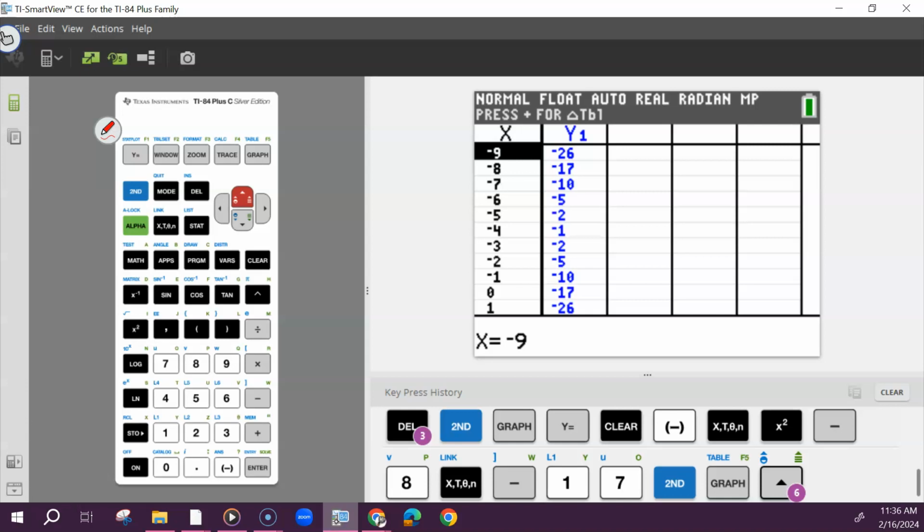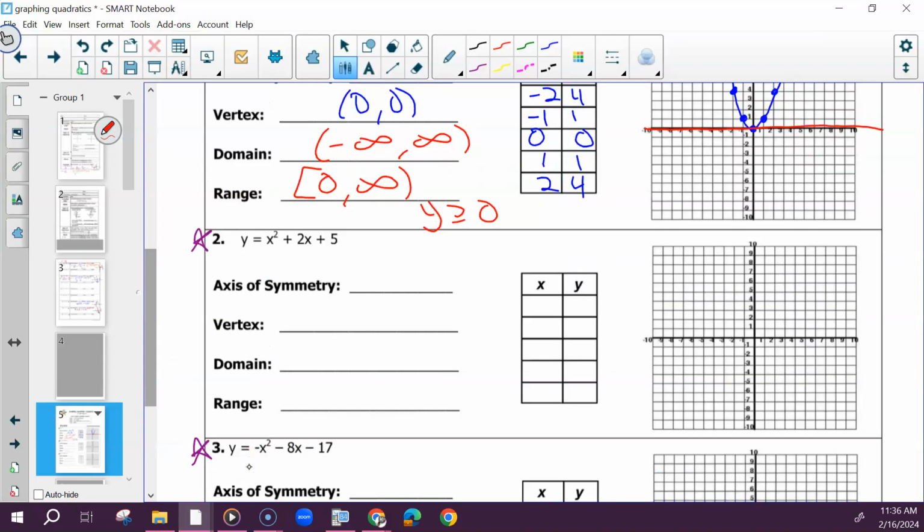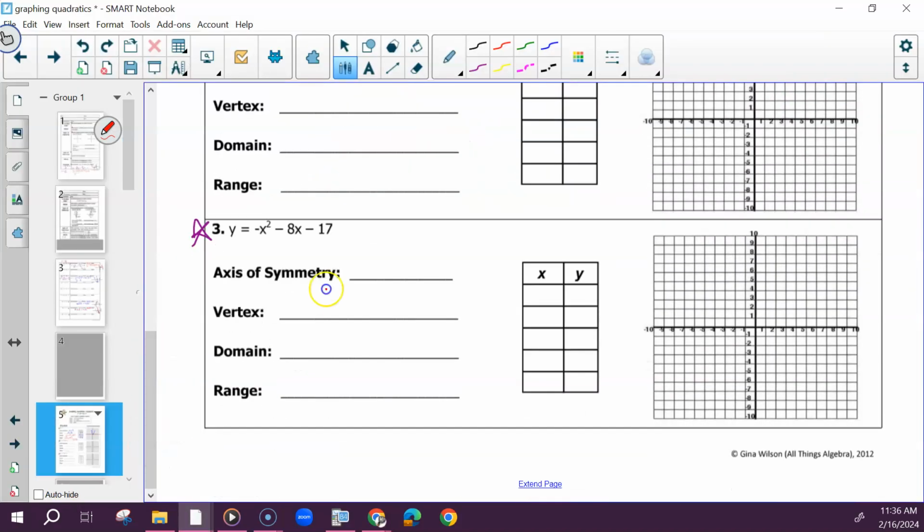So that's going to be your vertex. Your axis of symmetry is what? X equals -4, yep.